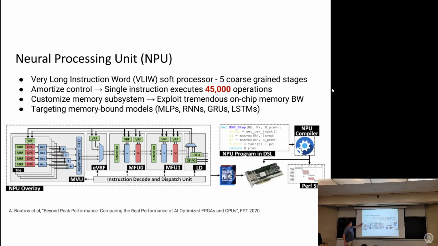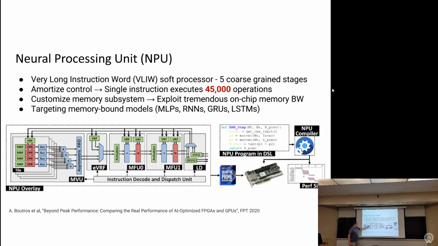So this neural processing unit is a very unusual processor. It's very long instruction word. It's got 5 very coarse-grained stages, so each instruction word controls all 5 of them. And a single instruction can actually lead to 45,000 operations happening. Part of that's because one of these instruction units is a whole matrix vector unit.